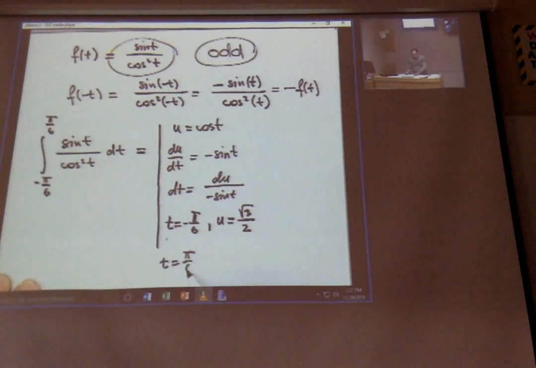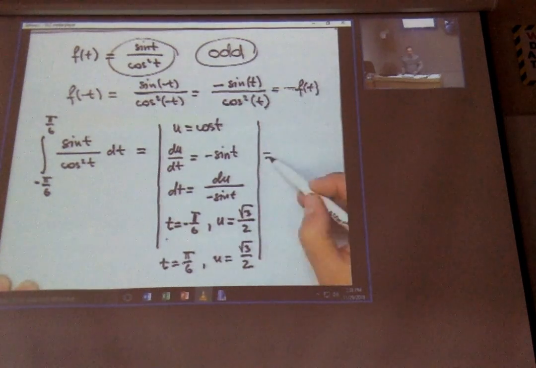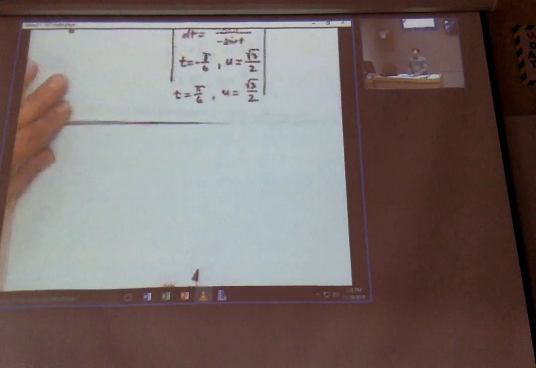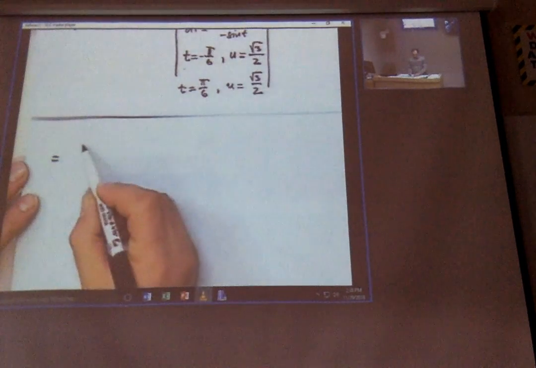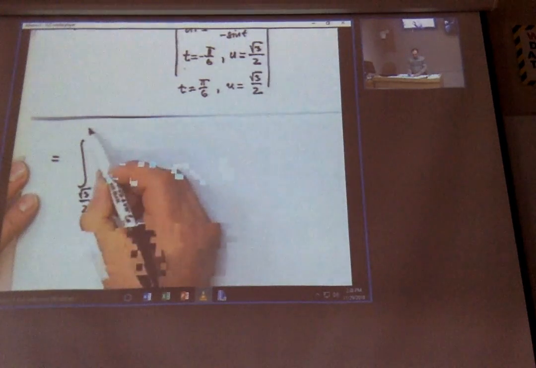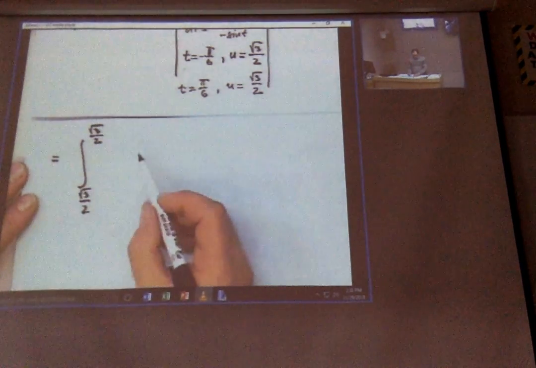What do you get? Square root 3 over 2. Now, what do you think will happen right now? Look at your upper and lower limit. What do you think? I will have what? Integral from square root 3 over 2, and again integral from square root 3 over 2, right? That's what I have.